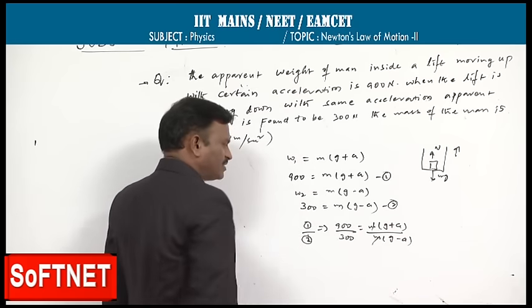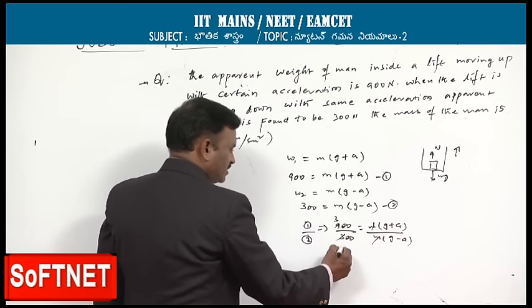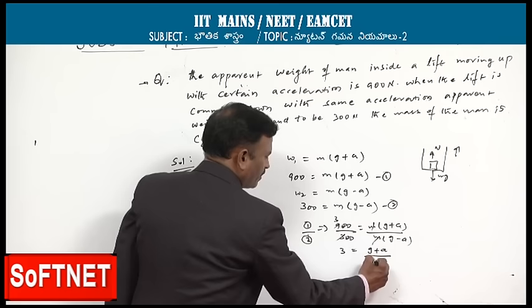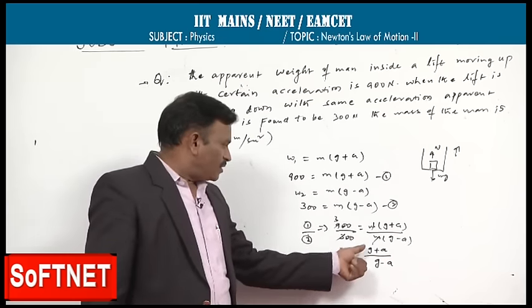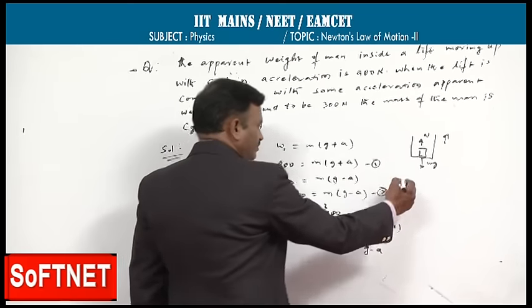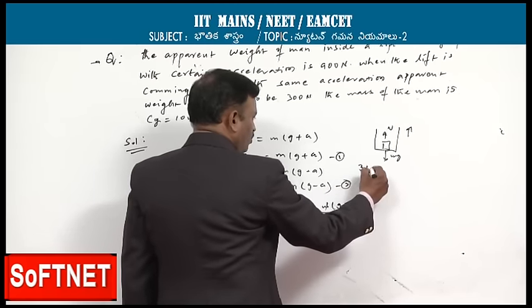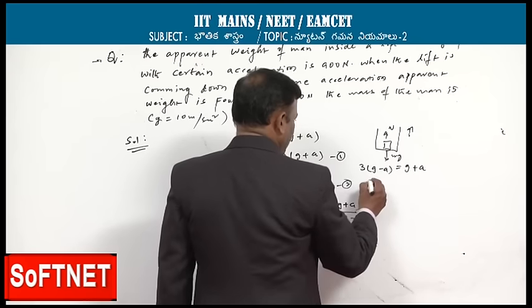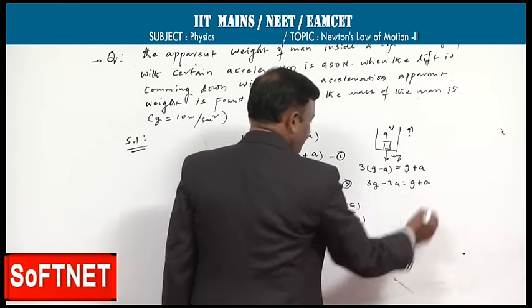Here the mass gets cancelled, the zeros get cancelled, and 3 threes are 3, so 3 is equal to (G plus A) by (G minus A). We are taking the ratio of the first equation and the second equation to get an expression for the value of acceleration. 3 into (G minus A) should be equal to G plus A. 3G minus 3A should be equal to G plus A.